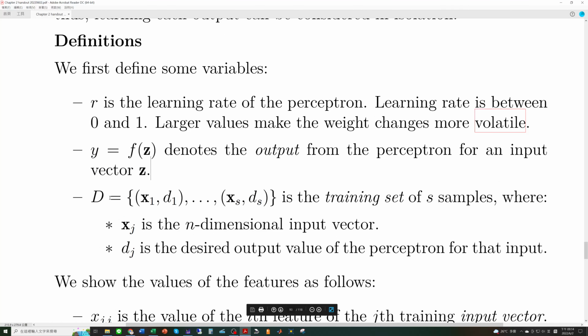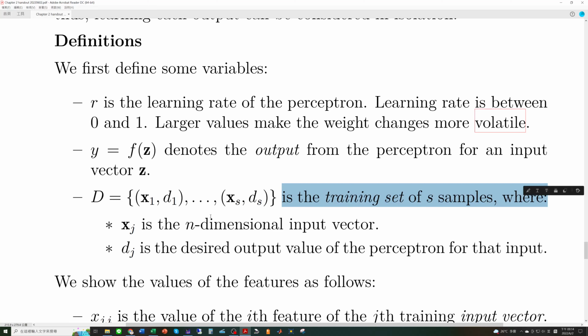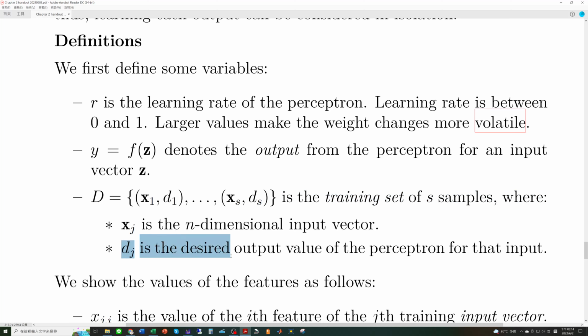Capital D = {(x1, d1), ..., (xs, ds)} is the training set of s samples, where xj is the n-dimensional input vector, and dj is the desired output value of the perceptron for that input.